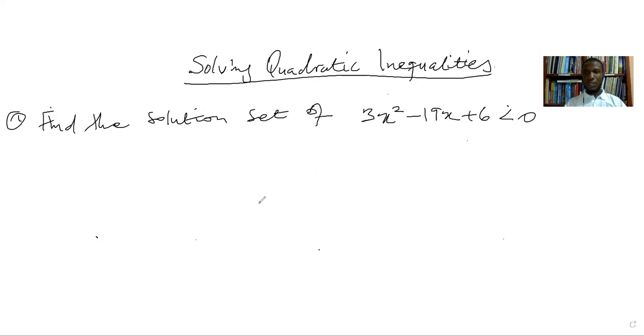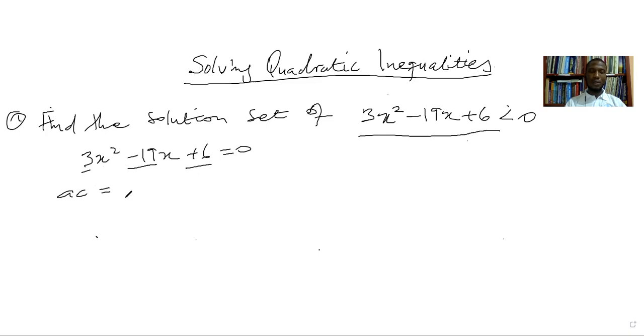So we are going to take back that first point, which is to find the root of this function here. So that we'll have 3x squared minus 19x plus 6 equal to 0. And as we know from solution for quadratic equations, our A is 3, our B is negative 19, and our C is positive 6. So our A times C is going to be 3 times 6, which will give us 18.